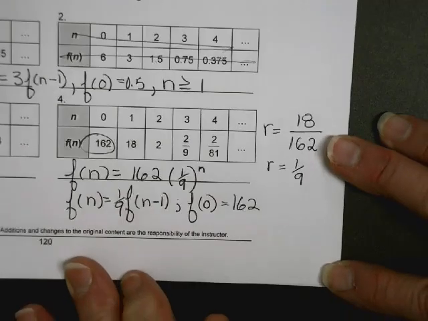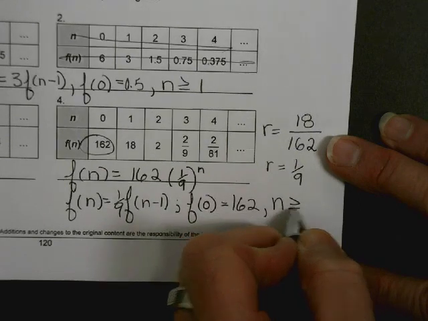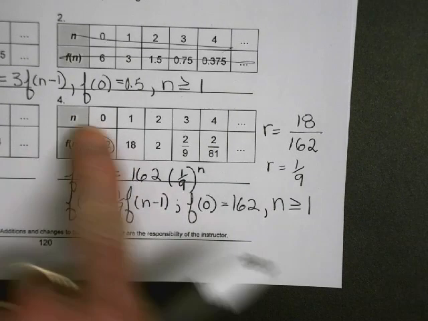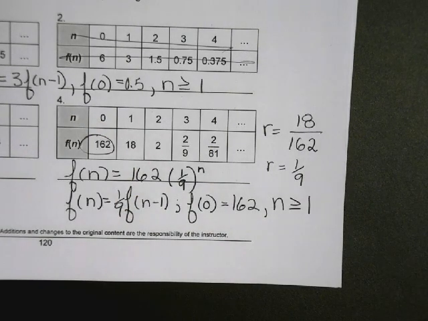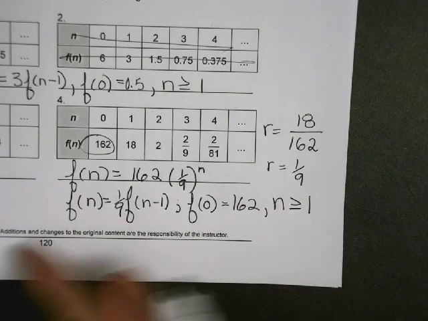So squeeze it in there. And then, comma, I started with 162, comma, and then for everything after 1. Because we started with 0 up here, so recursive is a 1 there.